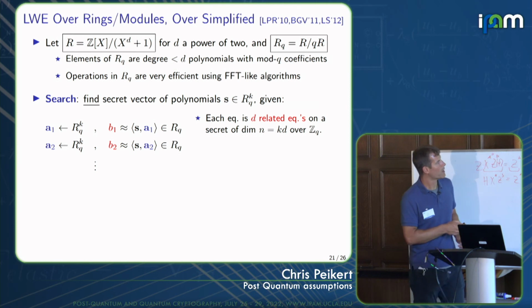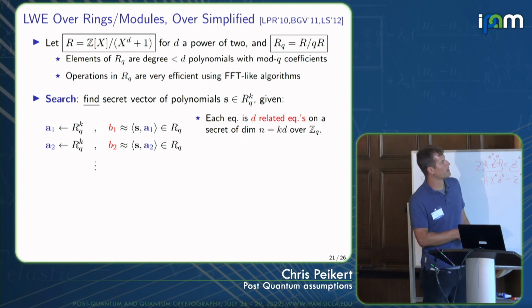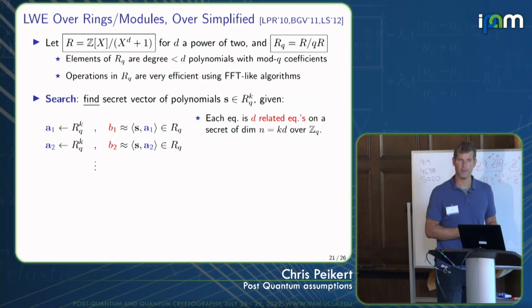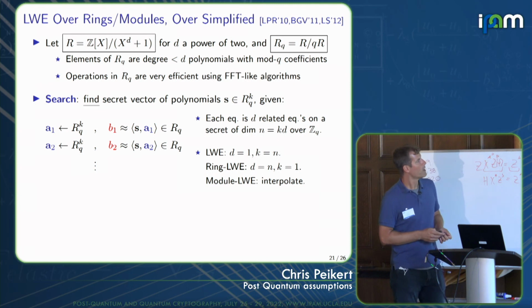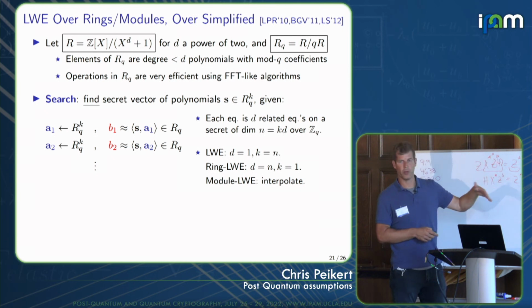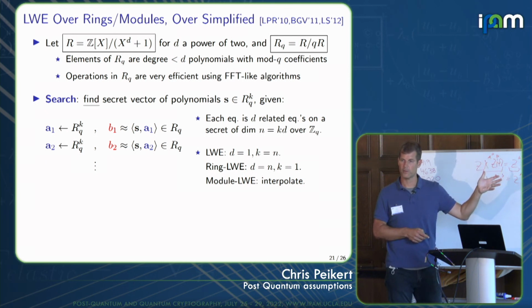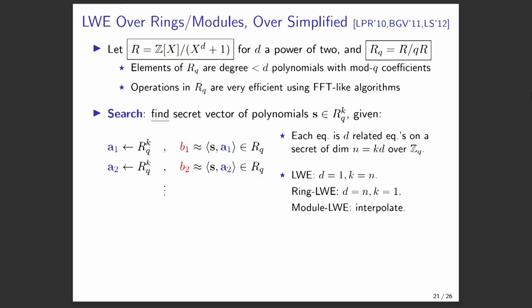And so overall, the secret is of dimension n, which is k, the number of polynomials, times the degree bound d. With this syntactic framework, LWE, ring LWE, and module LWE are all just different parameterizations. For LWE, you take d equals 1, so they're not polynomials, they're just scalars. Well, scalars are polynomials of degree 0. And then k is n.